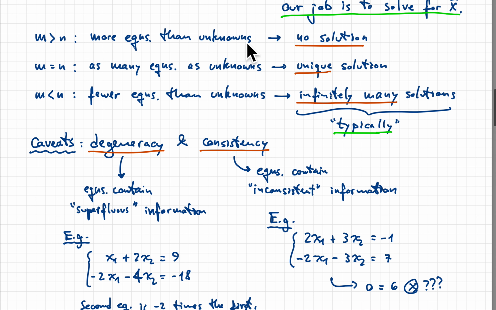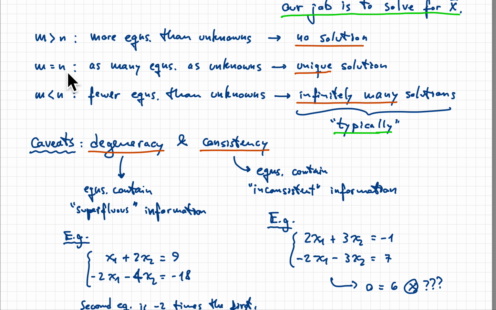And so that could happen for you in any of these situations. You could have a situation where m is greater than n, and it may look like there's no solution, but in reality, you may have many equations that are superfluous, and so once you remove those extra equations, you may be in the m equals n case, and so you have to account for that.